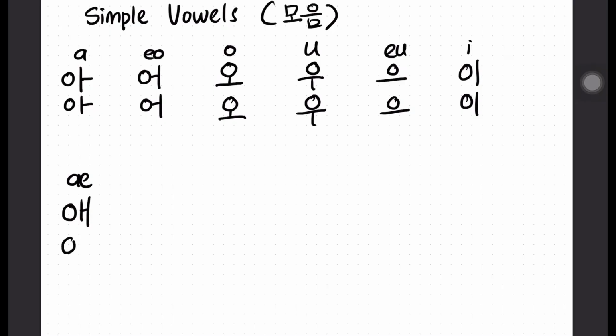A. And the next one, E, which is pronounced as E also. So it's an Ian, 1, 2, 3. The difference here is that this dash is outside of these two straight lines.